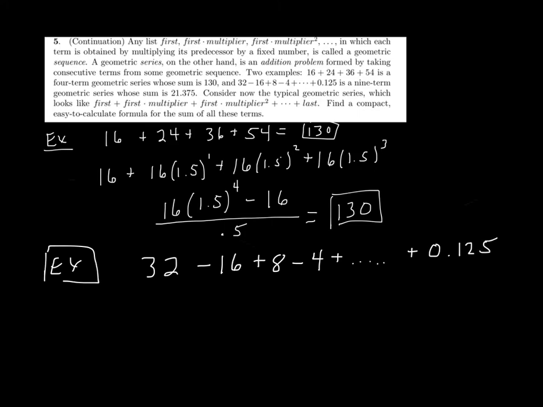All right, let's come up with the equation here. The first one is 32. That means the second one has to be -1/2, right, so 32 times -1/2 to the first power. And at this point, you should be going, okay, I see the pattern. It's going to go out 9 terms. We have to be a little careful here.